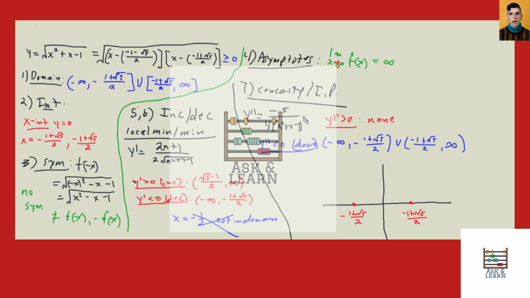We're going to have no local maxes or mins. We know these should go to infinity on each side. And we know the function needs to be concave down on the entire interval.